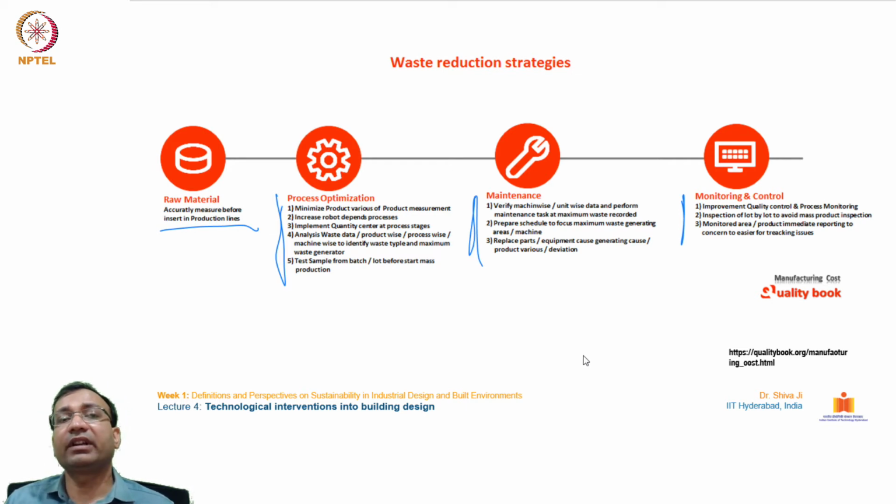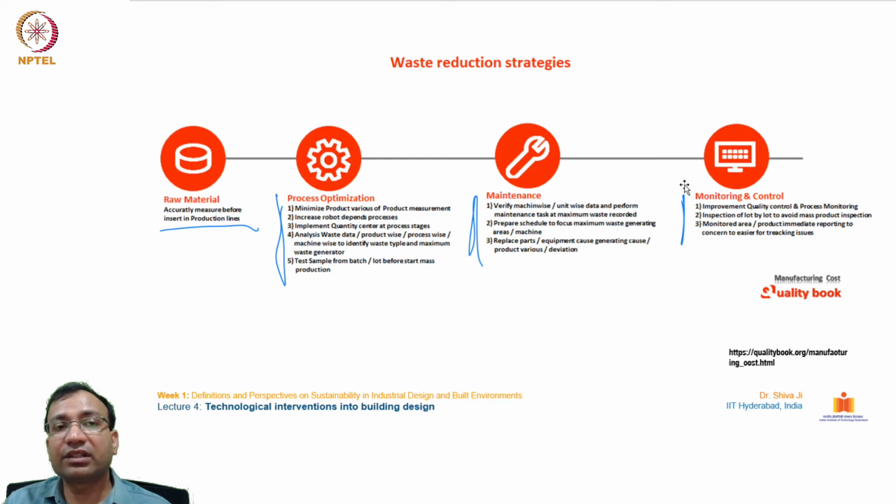Finally, on the monitoring and control part: improvement of quality control and process monitoring, inspection lot by lot to avoid mass product inspection, and third, monitored area or product immediate reporting to the concerned persons, to make it easier to track the issues.